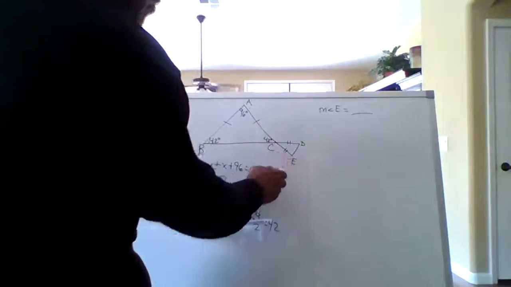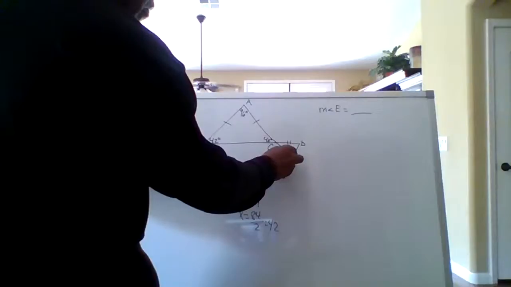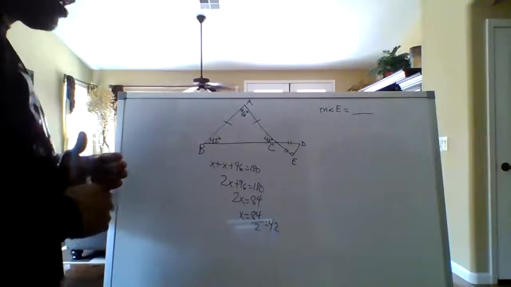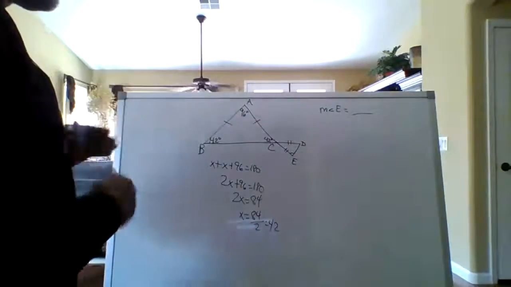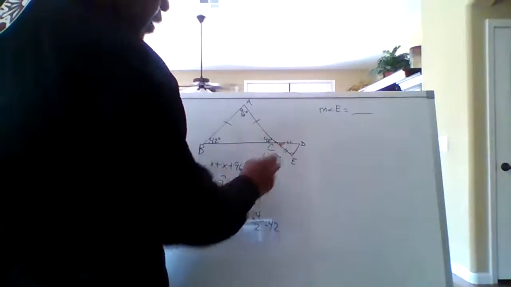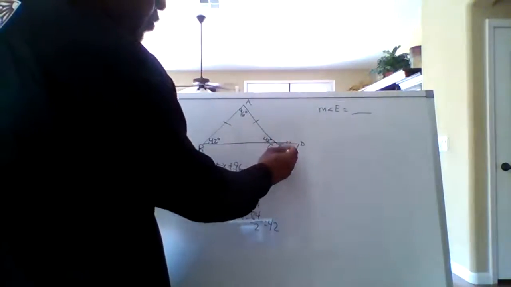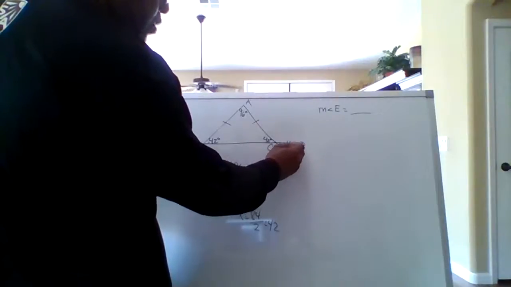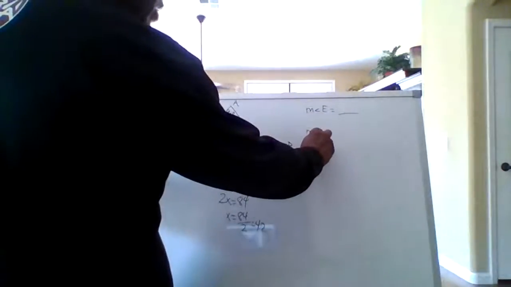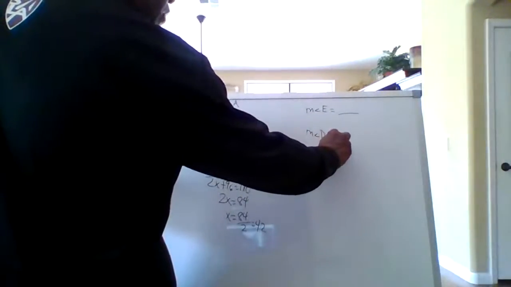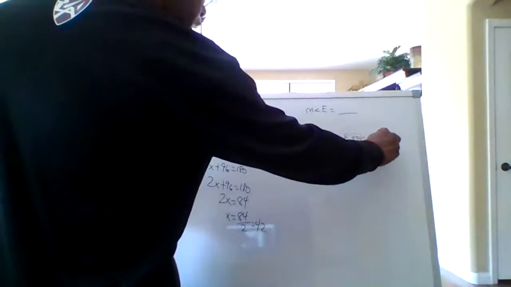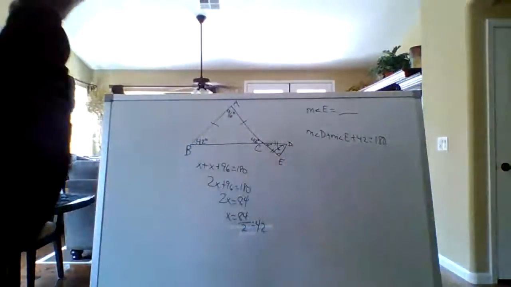Okay, class? So we're trying to find angle E. Now, remember vertical angles? Vertical angles are congruent. That's when we have two straight lines that intersect. So since this is 42 degrees, this will be 42 degrees, okay? Now these two sides are congruent, so the angles opposite will be congruent. So here I'm going to say the measurement of angle D plus the measurement of angle E plus 42 equals 180 degrees.